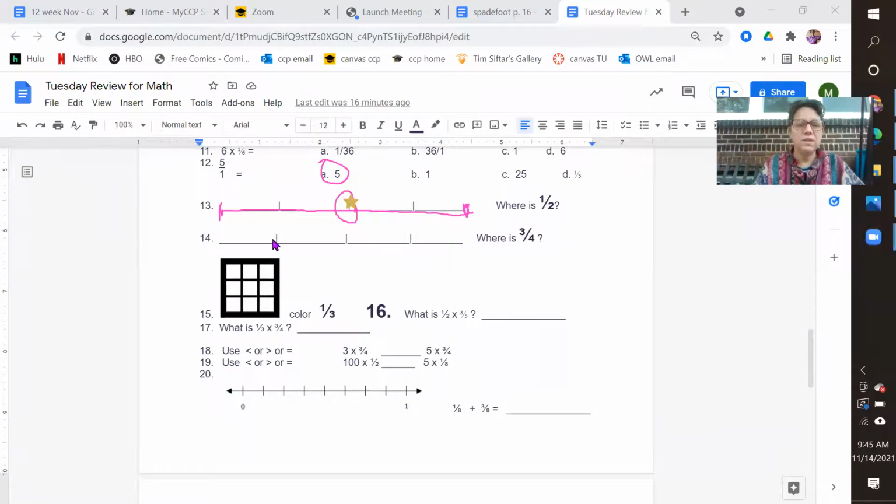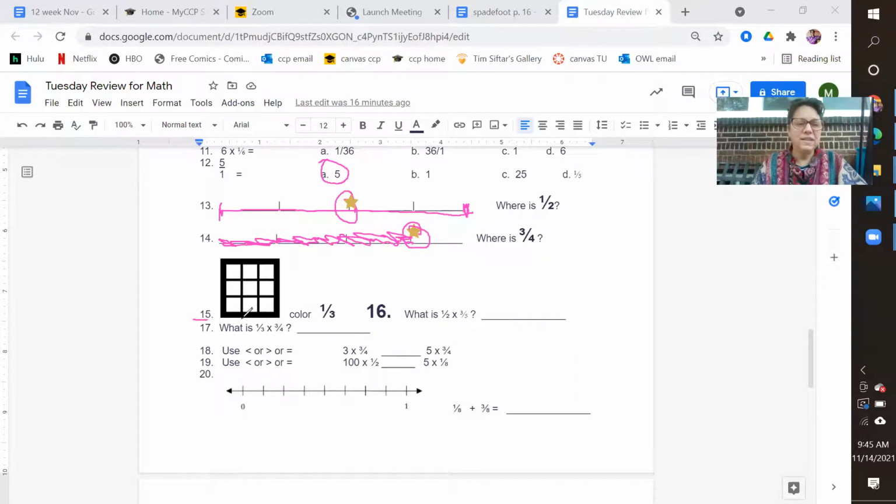Of course, it's the third one, not this one, not this one, this one. 3/4 is here. You can put a star, or you can draw a circle, or you can mark all of it up until 3/4, right? That is 3/4, all of this area.